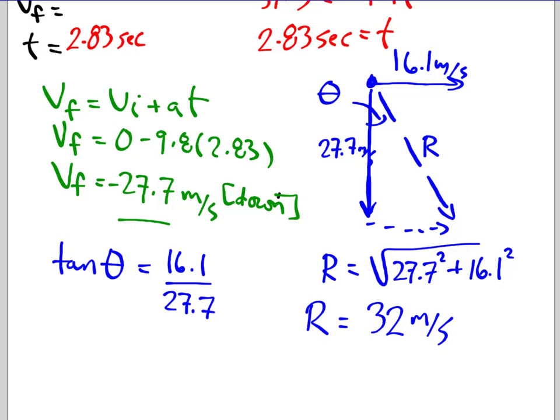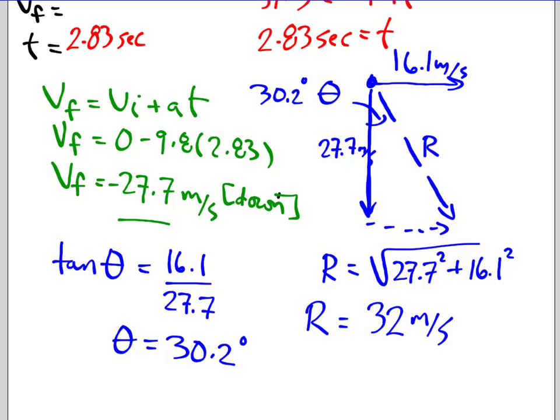We should get 30 degrees. 30.2 actually. Now again, that's kind of floating out in space, so we need to give a little bit more information on what the velocity is right before it hits the ground. So I would probably write it this way.